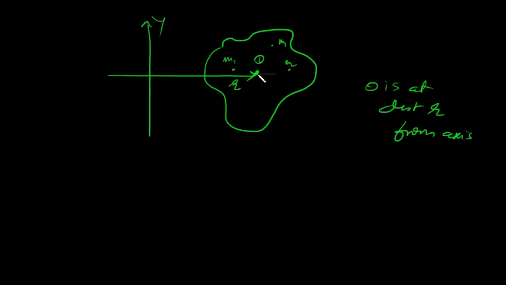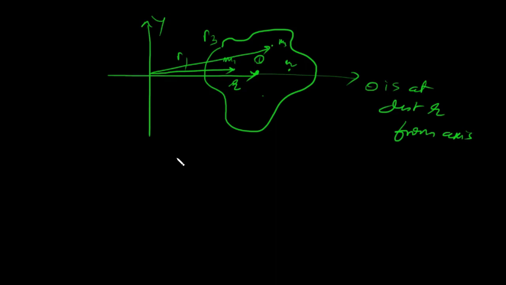This is the y axis, and whatever it is, it does not matter now. Say m1 is at a distance r1, m3 is at r3, and m2 is at r2. So now the whole torque produced by these small masses must match the torque produced by the point O where the whole mass is concentrated.